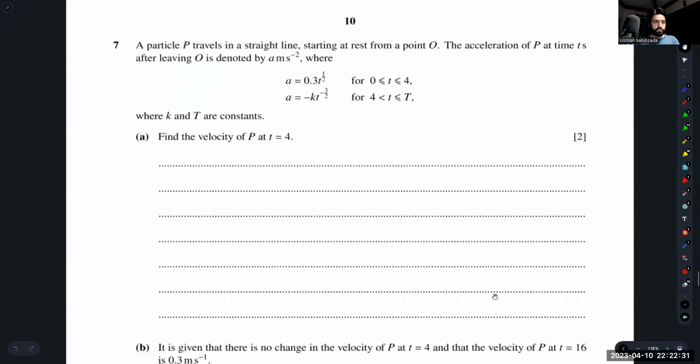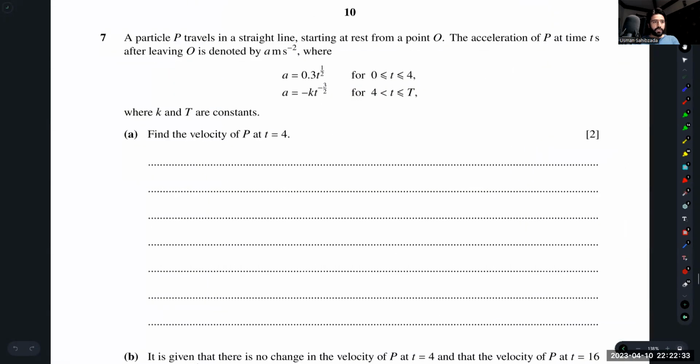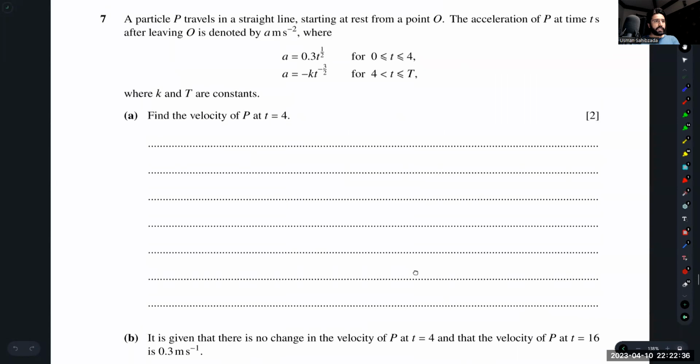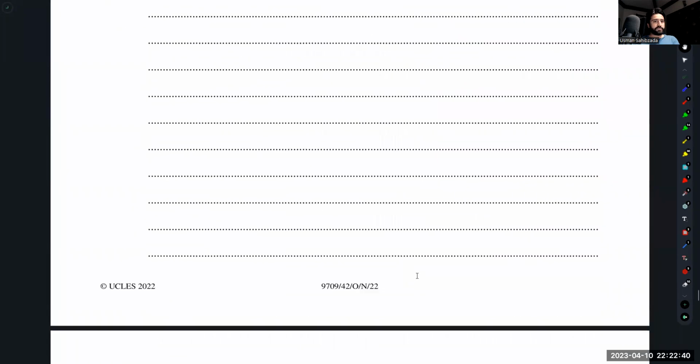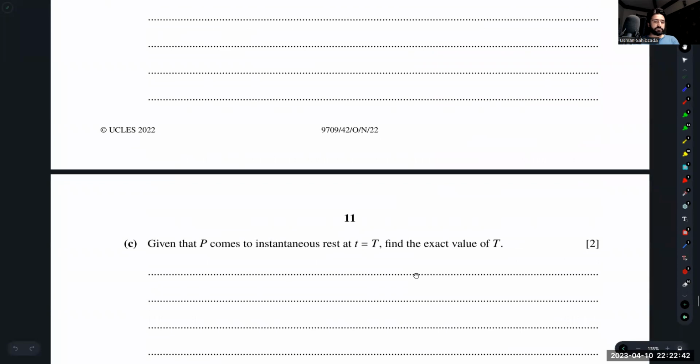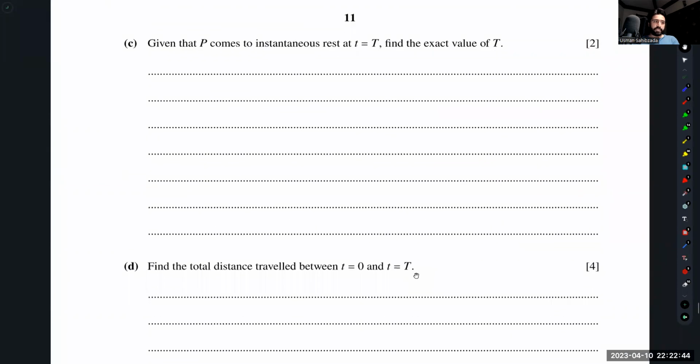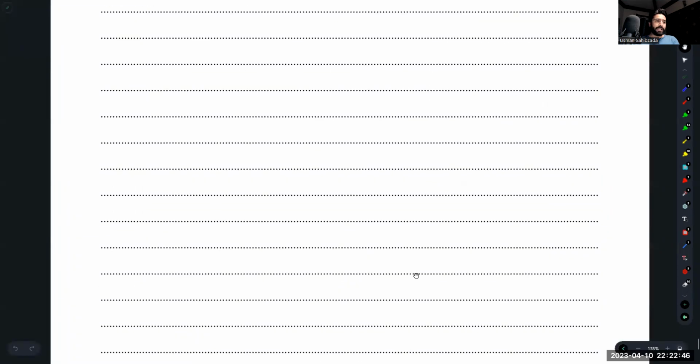Then we have this question number 7. How many parts does it have? 3 parts. 2 plus 4, 6. 6 plus 2, 8. 8 plus 4, 12.